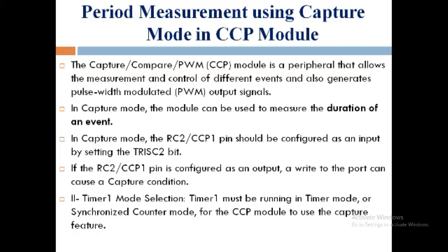Then second, Timer 1 mode selection. Timer 1 must be running in timer mode or synchronized counter mode for the CCP module to use the capture features. And after that, it is useful for measuring the period of any time duration in the electrical or computer system.